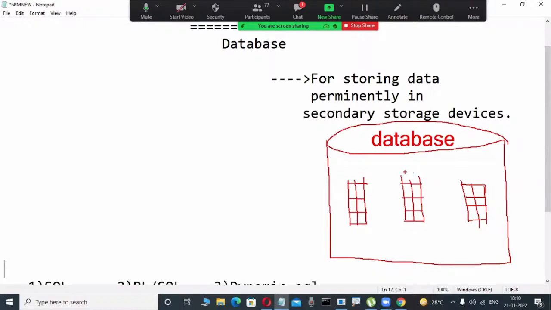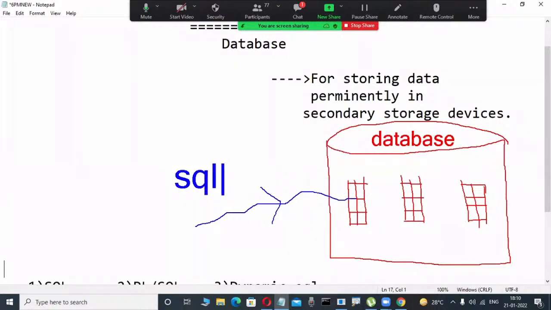That's why a structured collection of data is stored, and we work with this data by using SQL, the structured query language.